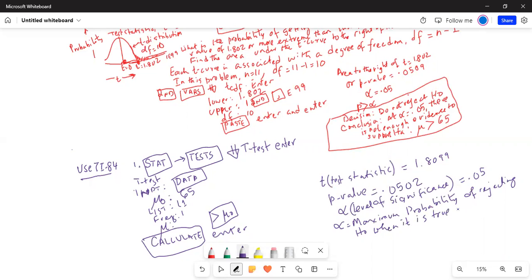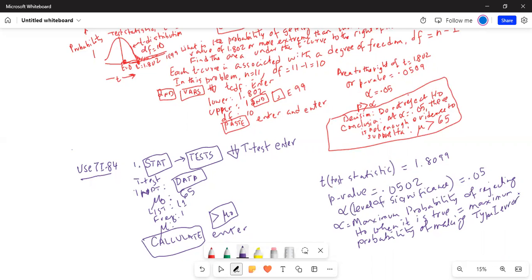That is, it is the maximum probability of making type 1 error.